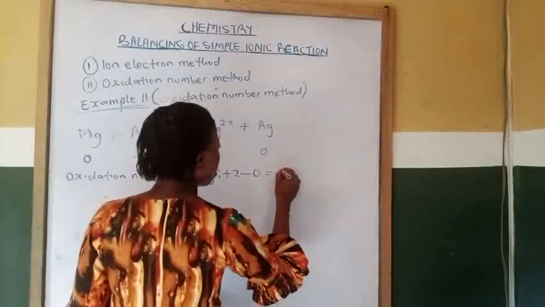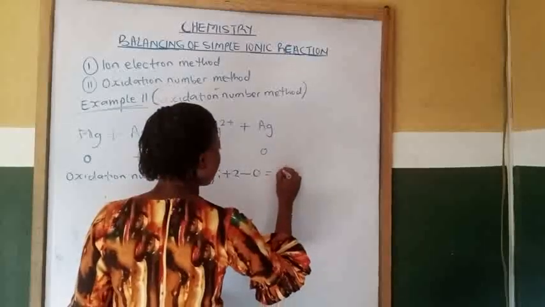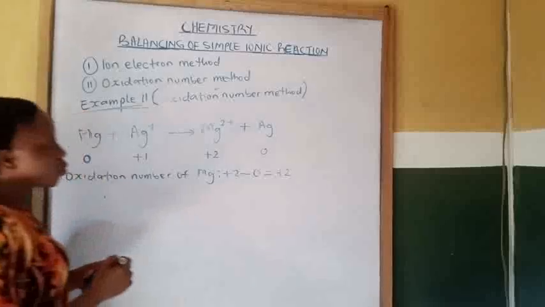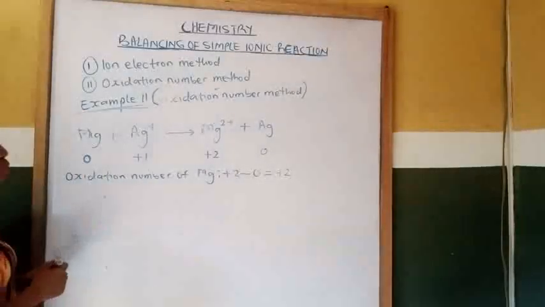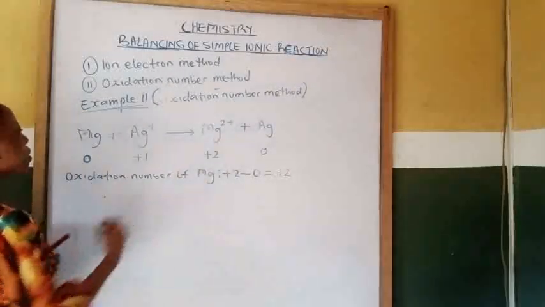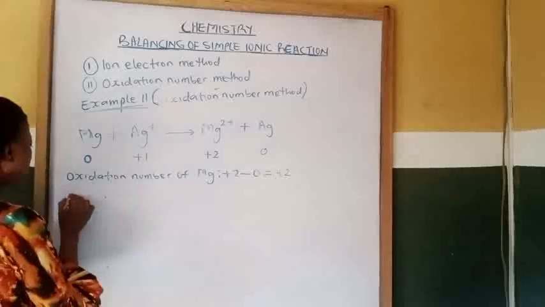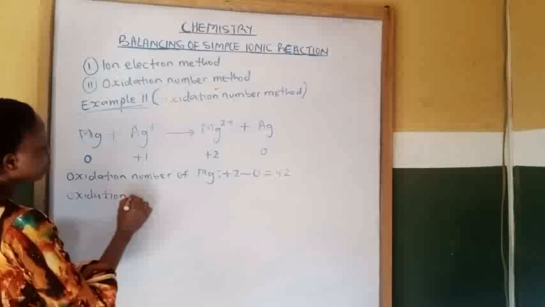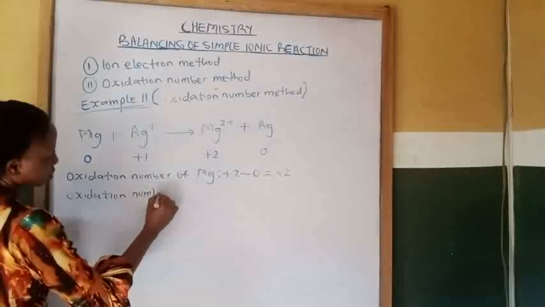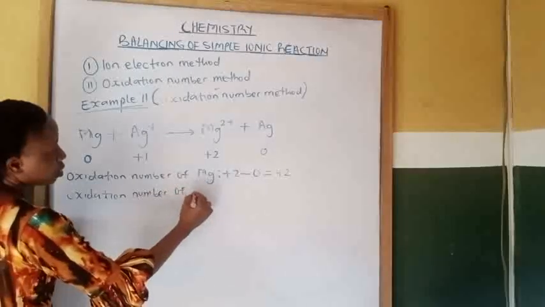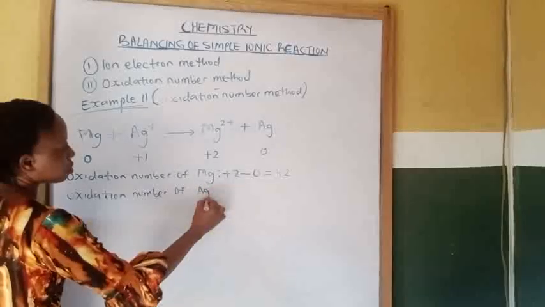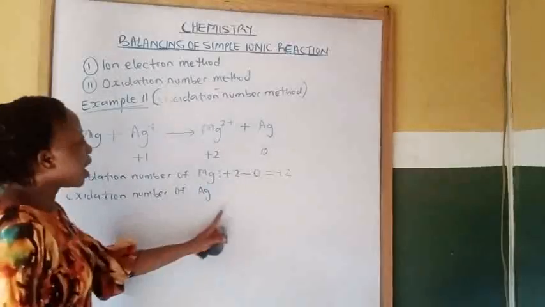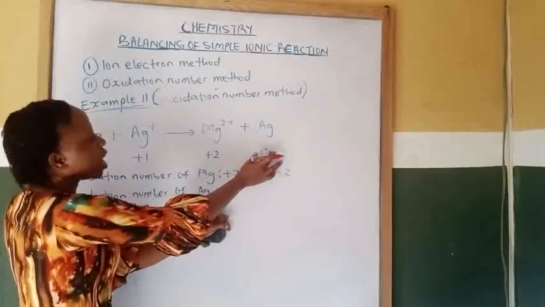Will give us plus 2. Plus 2 minus 0 will give us plus 2. So let's look at that of silver. Oxidation number of Ag. Now, at the product side, we have 0.